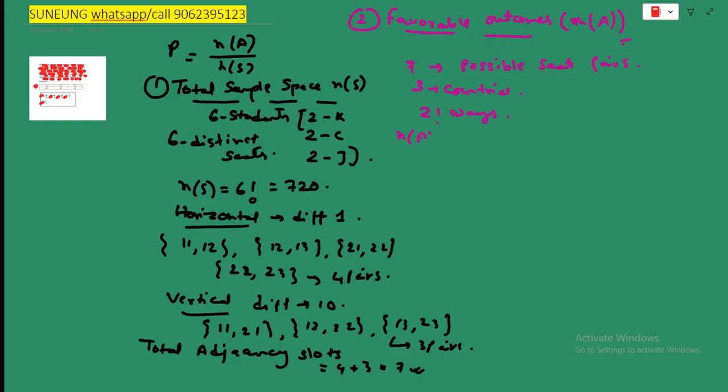So Na will be what? Na is 7 into 3 into 2 factorial into 4 factorial. So that will be equal to 7 into 3 into 2 into 24, so that will be equal to 1008.